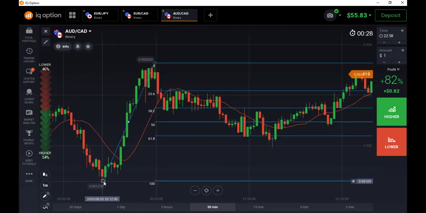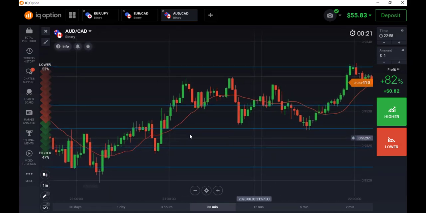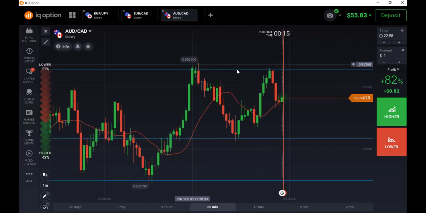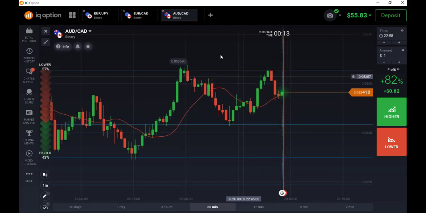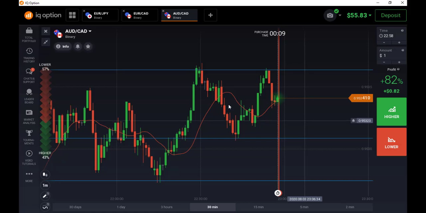Normally when I'm drawing Fibonacci lines, I'm not going that deep. Clearly this is a resistance and I don't see any good trade close by.